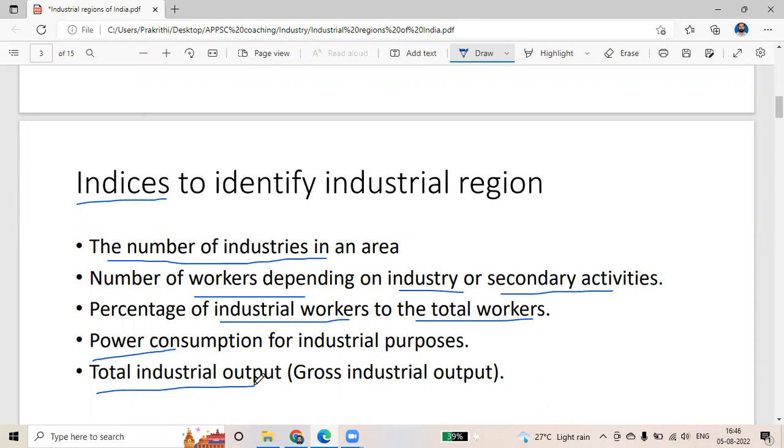For that, the region should have a sufficient number of industries, a sufficient working force depending on these industries, enough consumption of power by these industries, and a certain percentage of industrial output received from that particular region. Then only we can say that this is an industrial region.